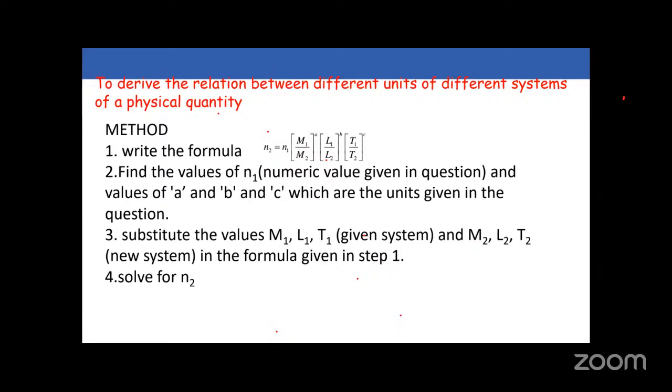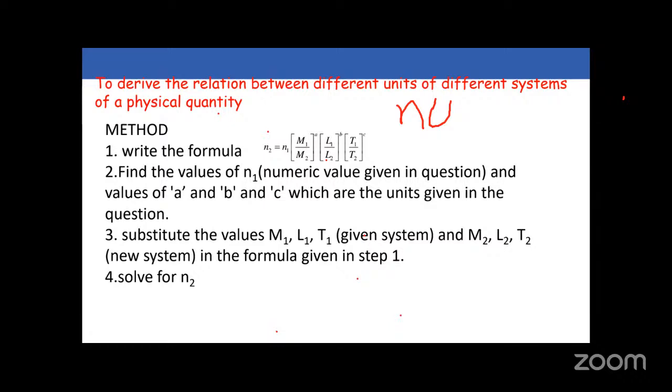So let's represent the numeric part with n, and the alphabetical part, which is the unit, with a u. So n stands for the numeric part, which is the size, the amount, the magnitude, while the u stands for the units that specify the quantity measured.